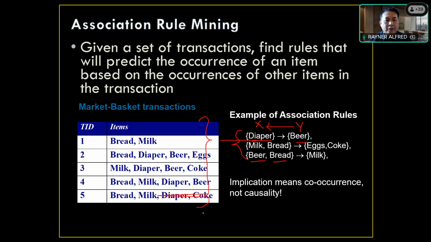So if you look at each of the TID, we don't have equal number of items for each of the row. Okay, so what we want to predict is the Y here based on the occurrence of the X here.